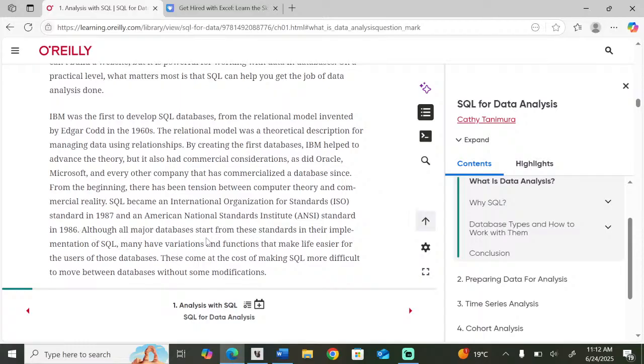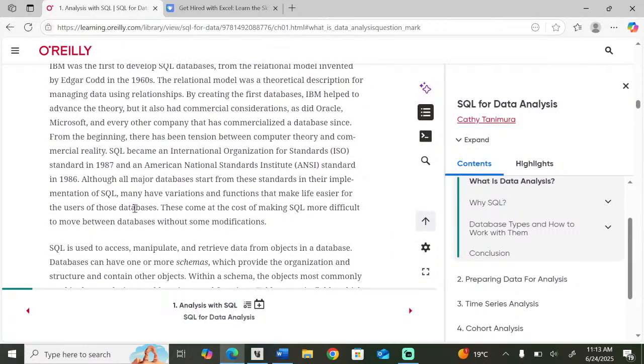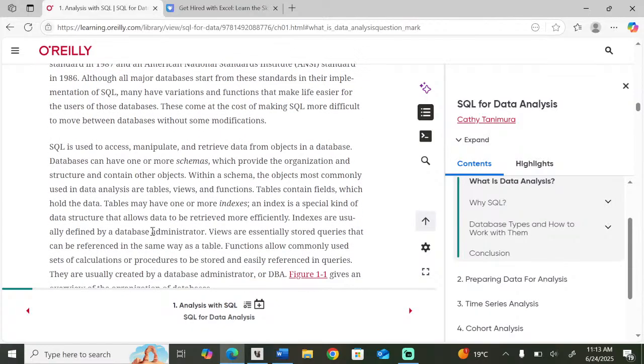Although all major databases start from this standard in their implementation of SQL, many have variations and functions that make life easier for the users of those databases. This comes at the cost of making SQL more difficult to move between databases without some modification.